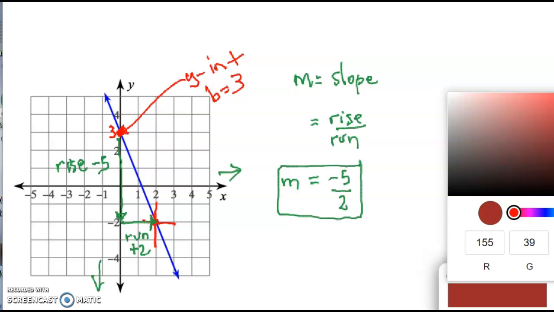And we know the y-intercept b is 3. So we figured out the slope and the y-intercept. We can put it together, and the final equation is y equals, what is the slope? -5 over 2. And notice that I am using a horizontal fraction line.